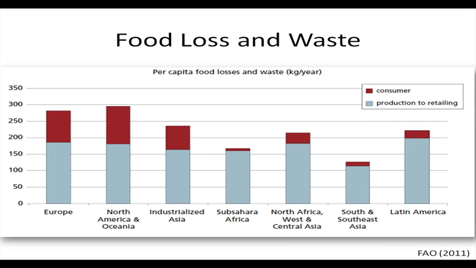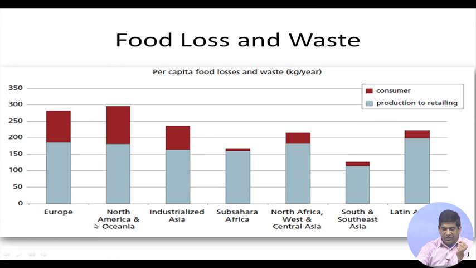So food loss, per capita food loss, as you can see, the consumer, the black part of these columns, is lost on the consumer side, and the light blue color is from production to retailing. As you move from developed countries to developing countries, you see that bar keeps on changing.